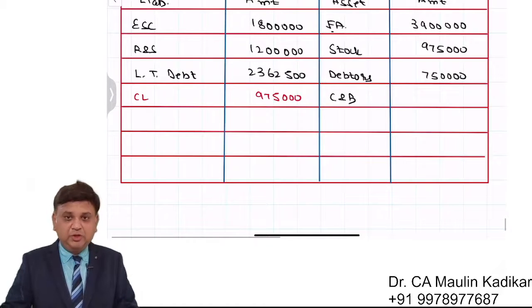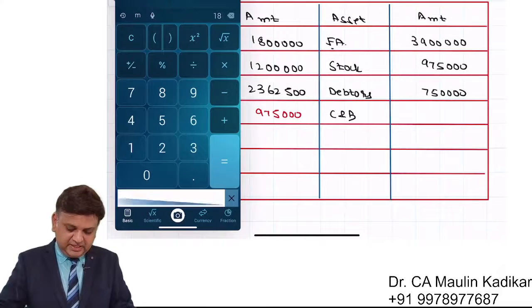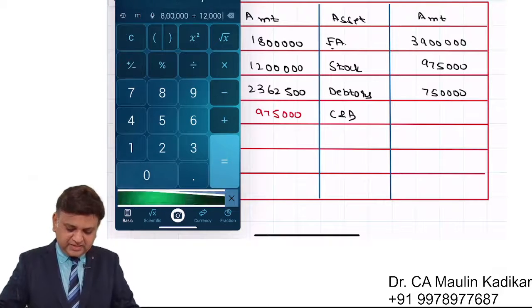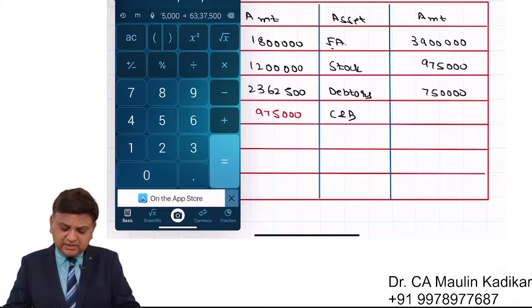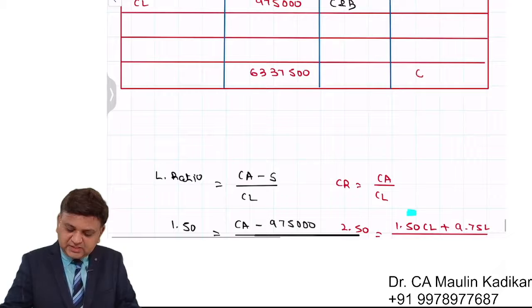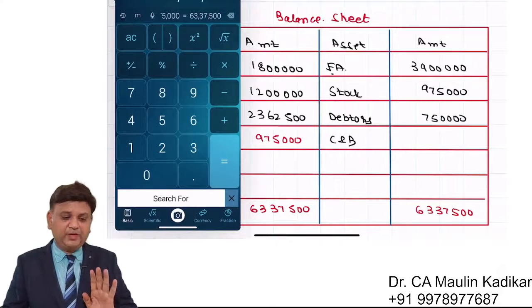9,75,000. So your liability side total is 18 lakhs plus 12 lakhs plus 23,62,500 plus 9,75,000, so 63,37,500. We have been provided that the current ratio is 2.5.